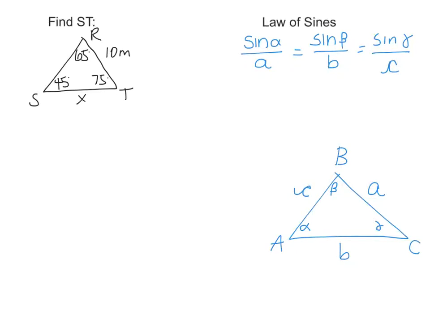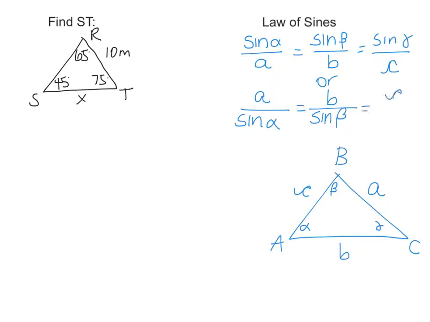So I do the sine of alpha divided by the side that's across from it, sine of beta divided by b, and then sine of gamma divided by c. You can also write it a different way, so it would be just flipped: the side length a divided by the sine of alpha is equal to b divided by the sine of beta. Let's rewrite that.